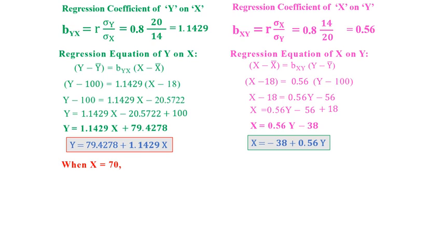When x equals 70, what is y, we are asked. So use the y on x equation and substitute 70 in the place of x.